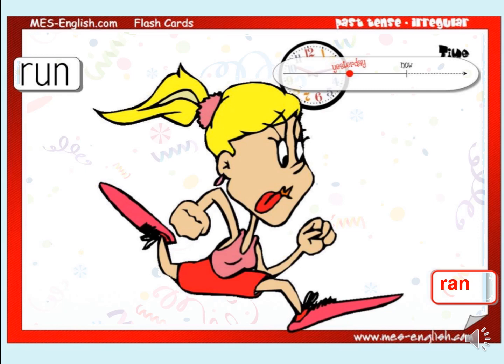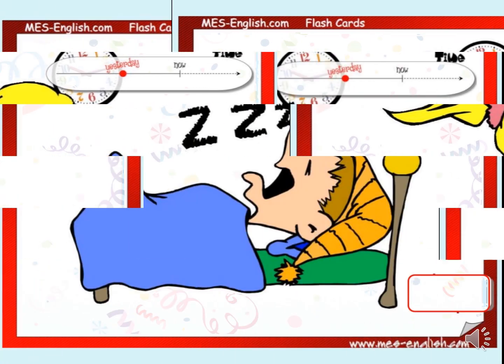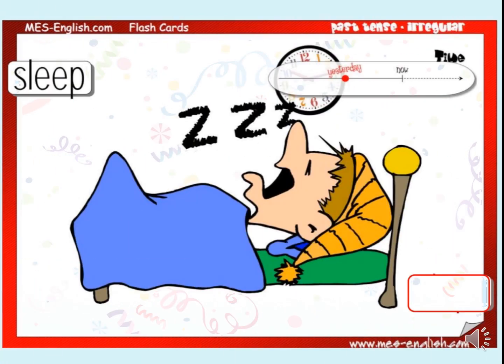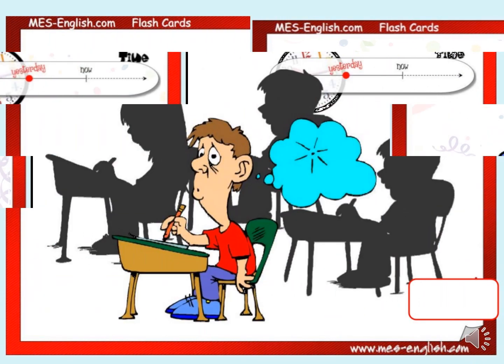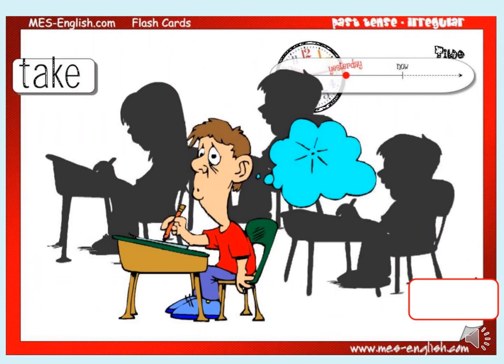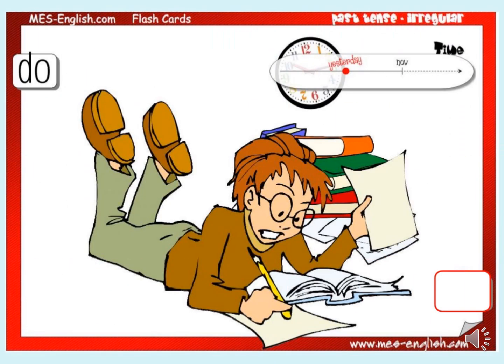We use ran in the past tense. Sleep. The past tense from this verb sleep is slept. What about take? What do you think take will be? Take, took. Very good. What about do? This is an easy one. You can do it. Do, did. Great job.